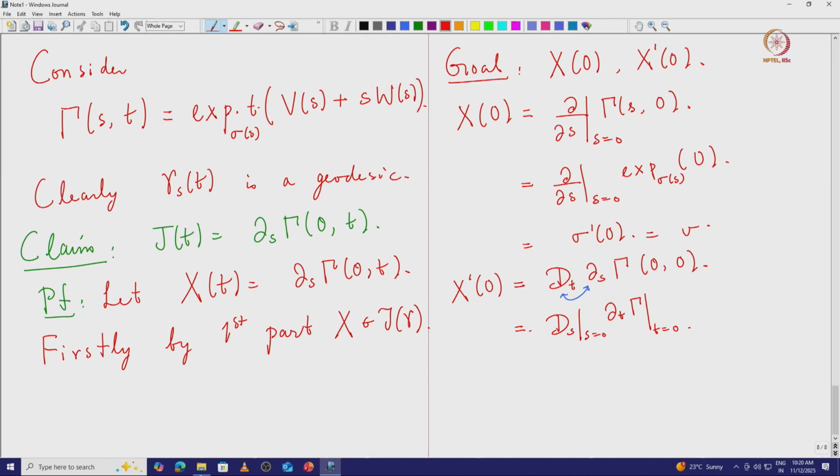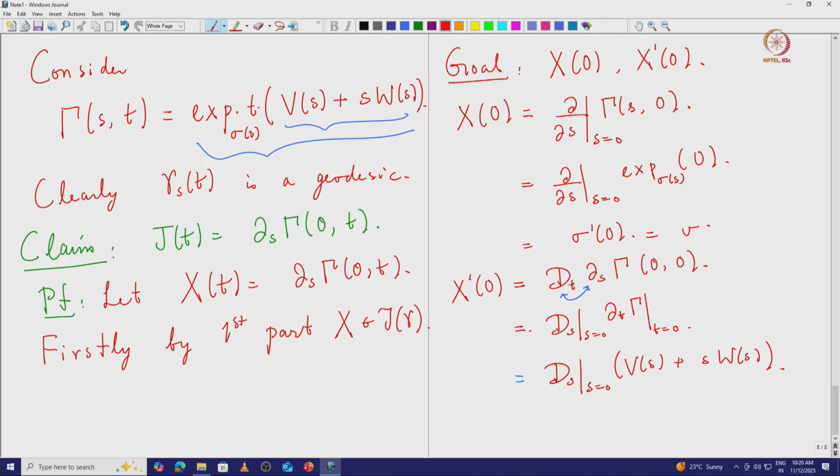Now, the derivative at t equal to 0, this is basically a geodesic in the direction of V of s plus s W of s. So the velocity vector of that geodesic at t equals 0 is just going to be precisely V of s plus s W of s.